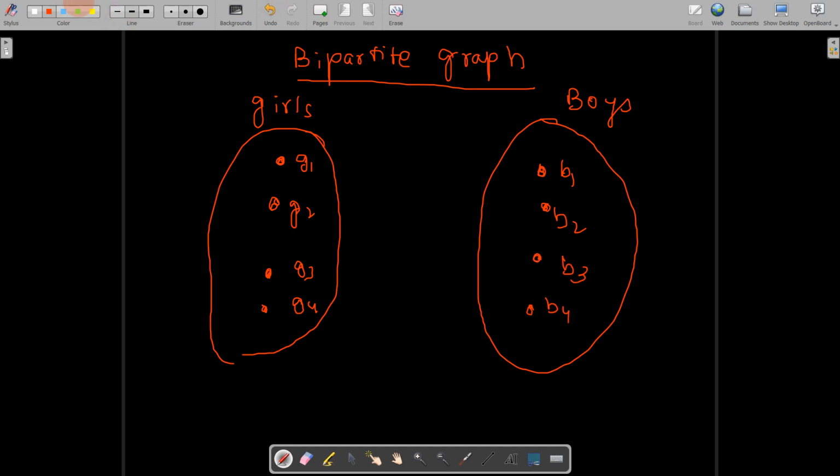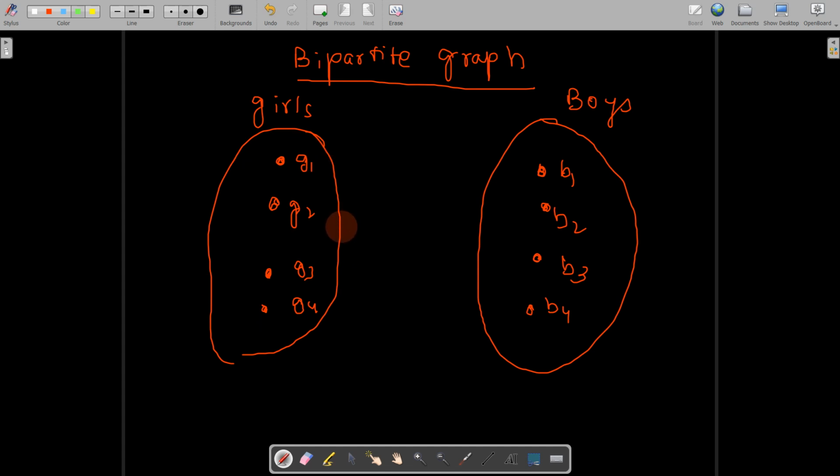Now, we will draw an edge if G1 likes a boy, whoever she likes, we will make an edge. We know that in a dating app, edges cannot be within the same set.